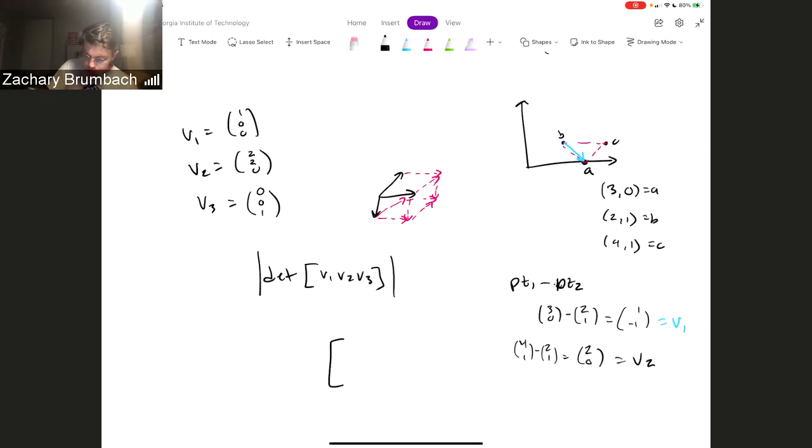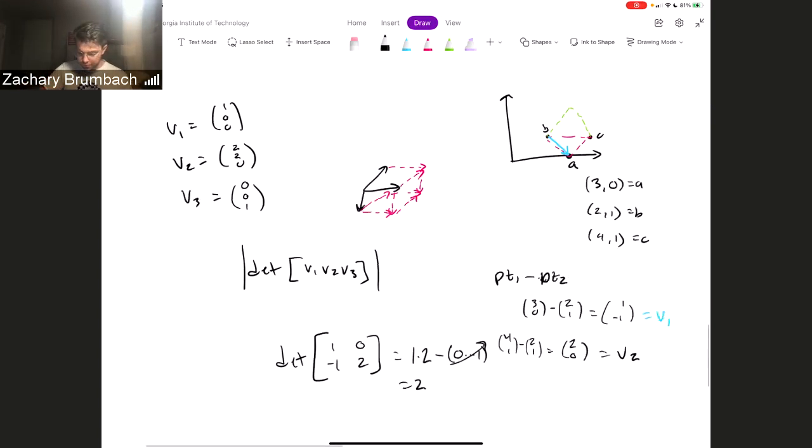Now our matrix is [1, -1; 0, 2], and the determinant of this equals 1 times 2 minus 0 times -1. So obviously that goes away. This determinant is equal to 2, but this isn't just this triangle. It's this whole parallelogram, so you have to divide it by 2 when you're doing a triangle.